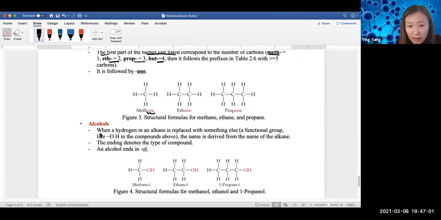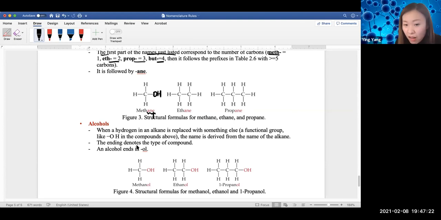Therefore, for example, this is methanol. It changed one of these hydrogens right here to OH. And when we name it, we change the ending from A and E to OL. We just change the E here to OL to indicate it is an alcohol.